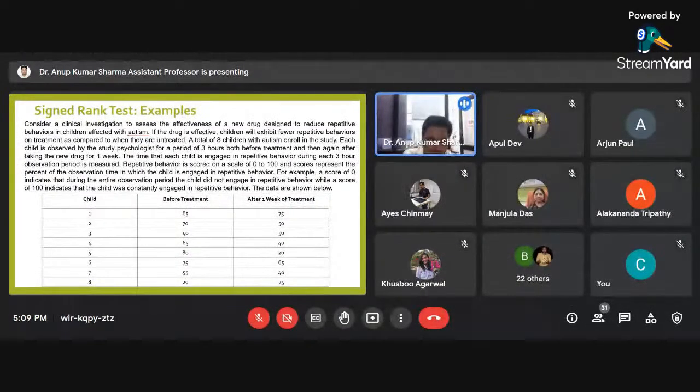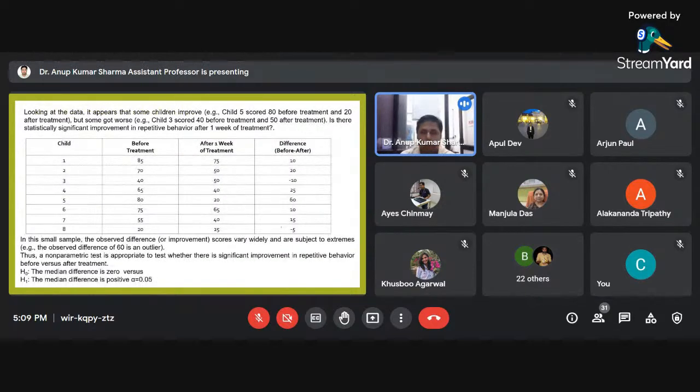The children are the same. Before treatment we observe the autism behavior, and after 1 week of treatment we see the change. These measurements are checked by the scientist, same children before and after.